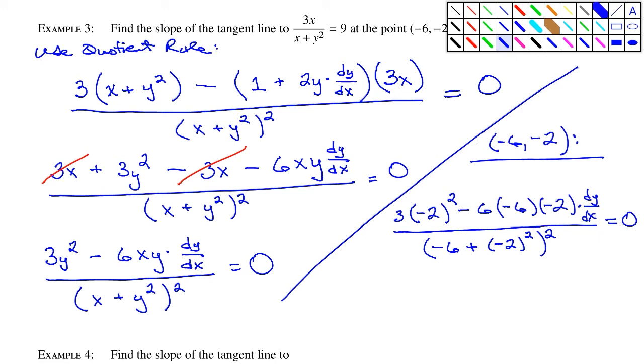This gives me 3 times 4 minus 72 dy/dx over 4 is equal to 0.